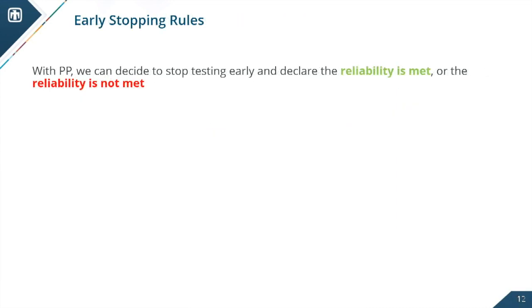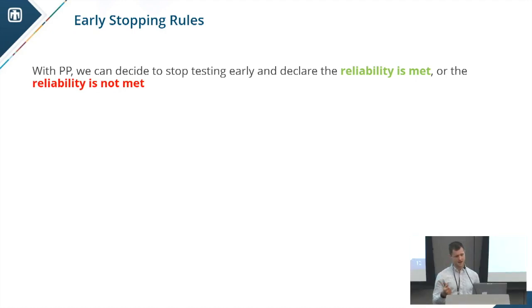Okay, so once you have a predictive probability, which we often denote as PP, you can decide to stop testing early and declare that in this example the reliability is either met or not met, which you could loosely translate as rejecting the null hypothesis or failing to reject.